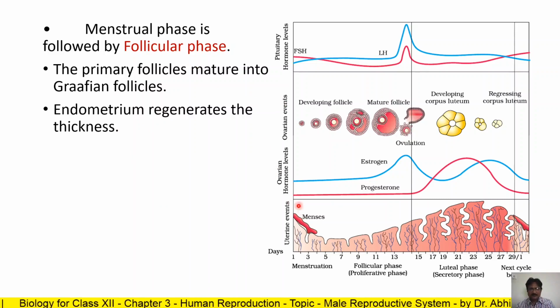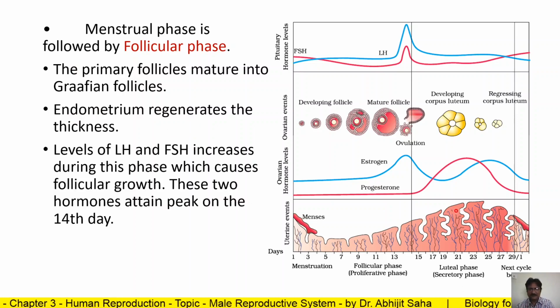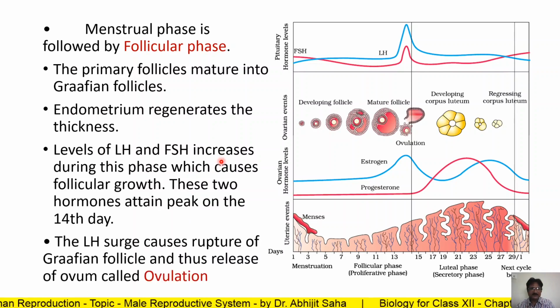Now, as soon as the menses is over, the endometrium starts regaining thickness and keeps on increasing. LH and FSH increase, and just now I told you that the LH surge causes the rupture of the Graafian follicle to release the ovum.